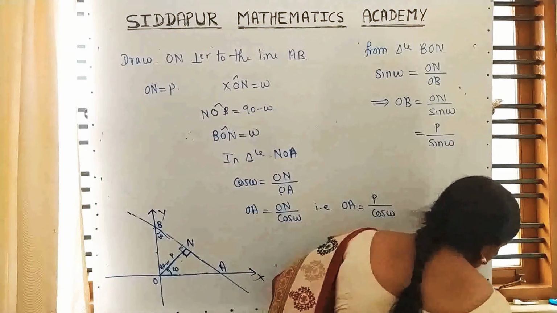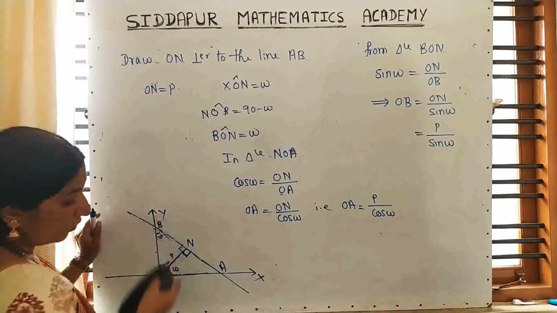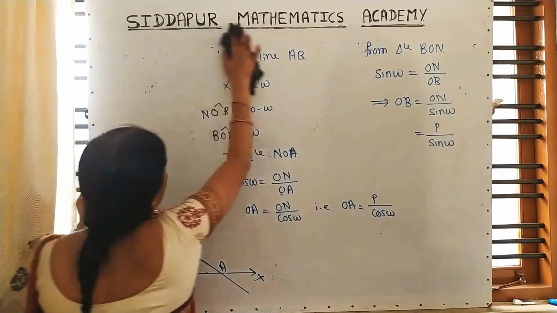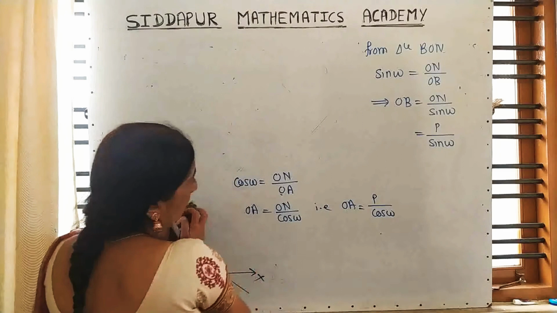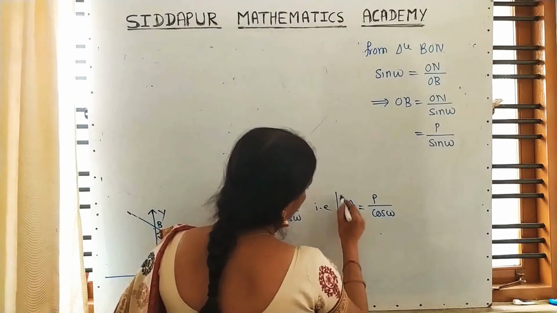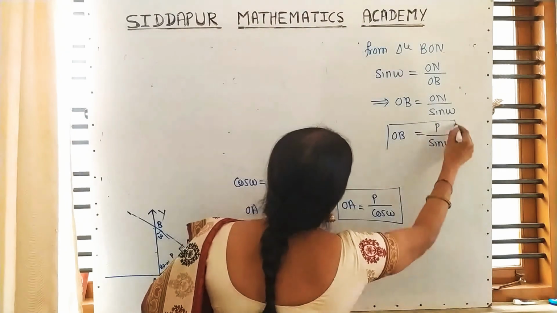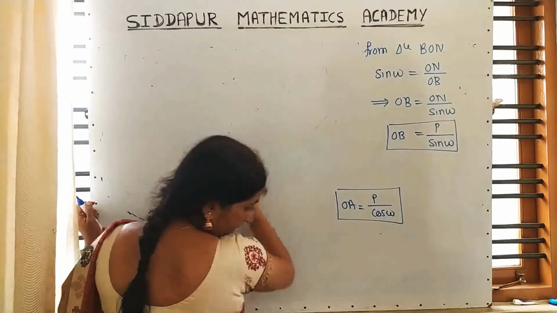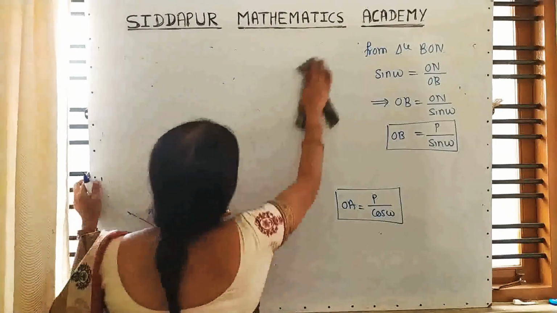Now you are familiar with the intercepts. You know the intercepts OA and OB. If you are familiar with the intercepts, then how do you write the equation of the line? Intercept form. You tell me the intercept form. And remember these values, OA and OB. Remember these values. Write down. Since OA and OB are the x and y intercepts of the line.